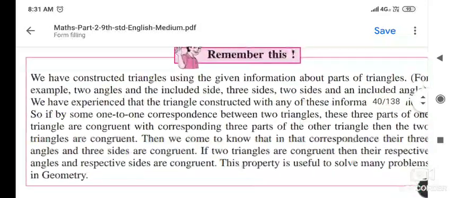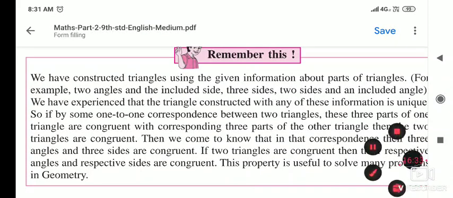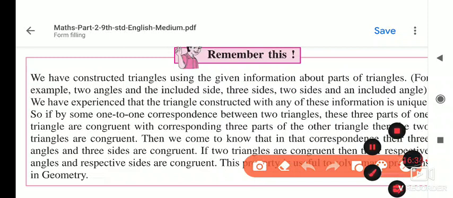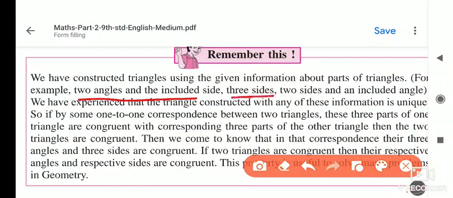Now remember this: we have constructed triangles using given information about parts of triangles. For example, when two angles and the included side are given, or three sides are given, or two sides and the included angle are given, these constructions were there for you last year. We have experienced that a triangle constructed with any of this information is unique.